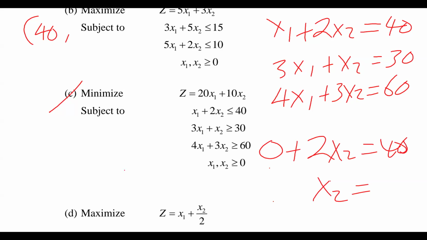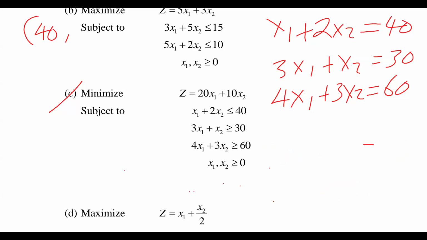What do you mean by 1? We are not substituting, we said we are looking for intercepts. So x1 is 40, then x2 will be 20.